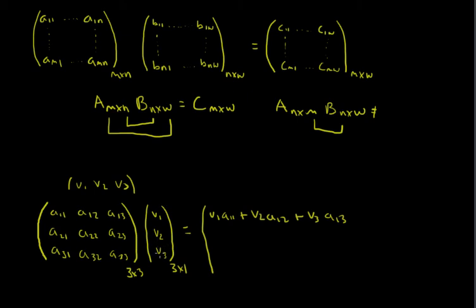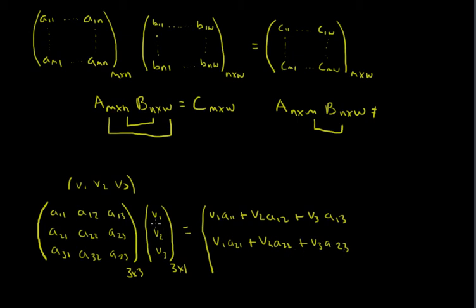So now we do the same thing. I pick this matrix up and I apply it to the second row, and that will give me my second column of the resultant matrix. So I have V1 A21 plus V2 A22 plus V3 A23.